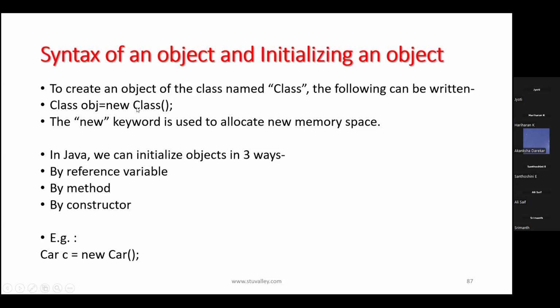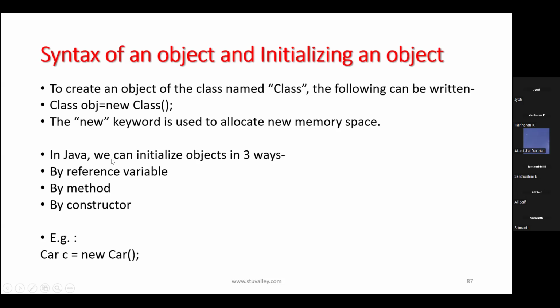After the new keyword, we use the same name of the class and the brackets. This is nothing but calling the constructor of the class. The new keyword is used to allocate new memory space. This is dynamic memory allocation. Whenever you create or instantiate any object, according to the class members, the memory will get allocated dynamically, that means at the time of execution.